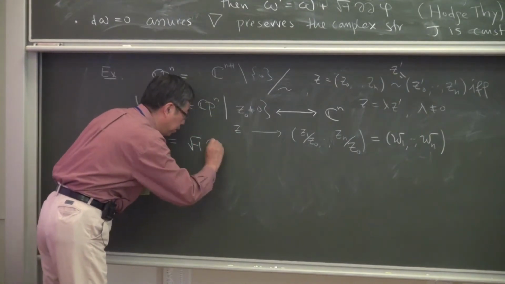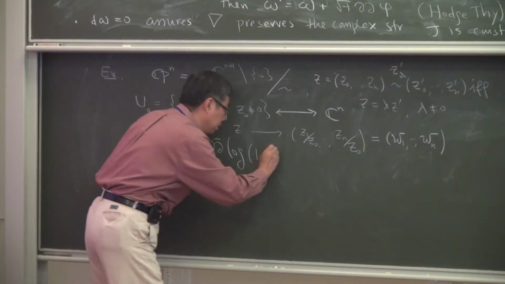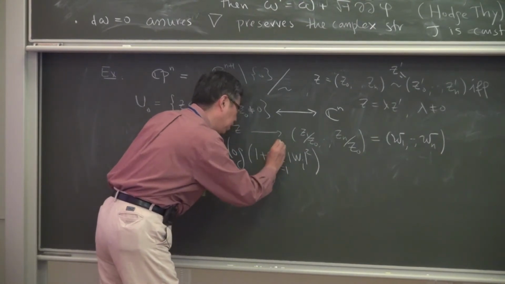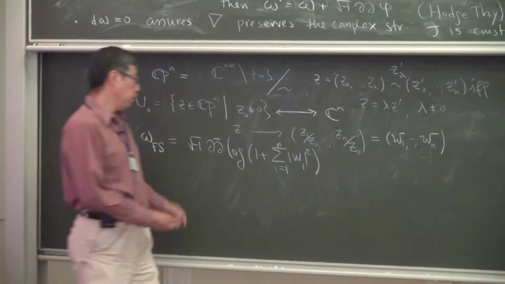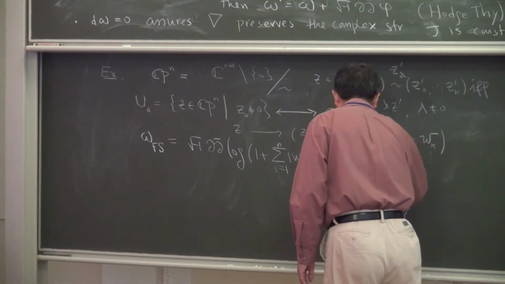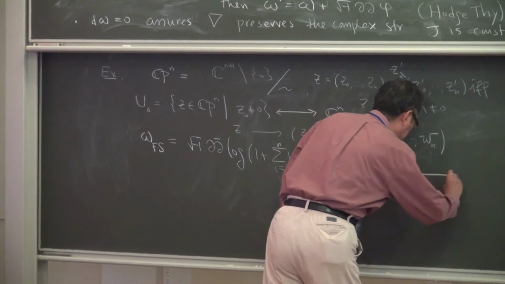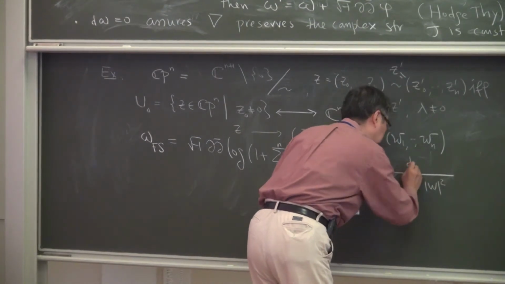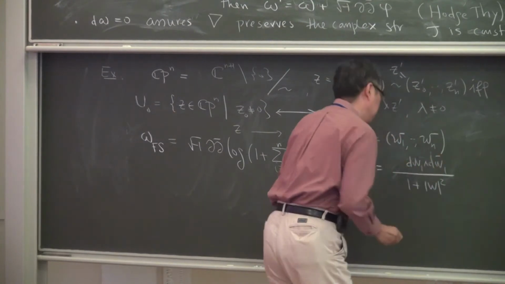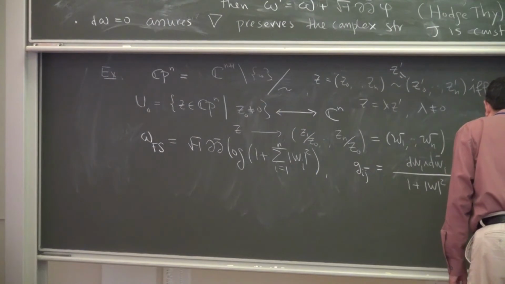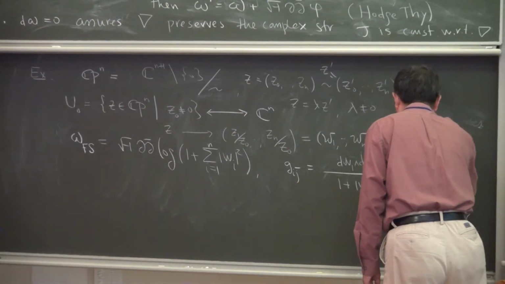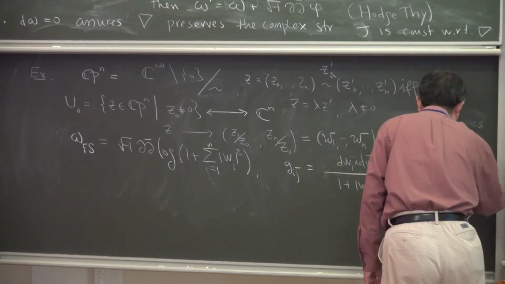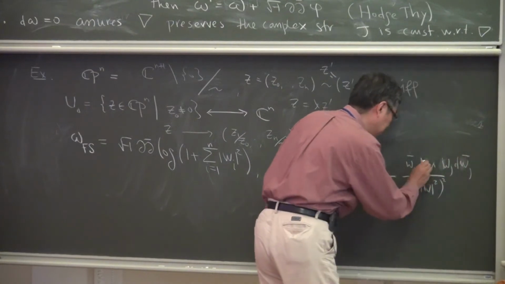Let me just write it this way: log of 1 plus the squared norm of W. So it is given by (1 plus |W|^2) times dW dW bar, minus... sorry, I'm not used to this.